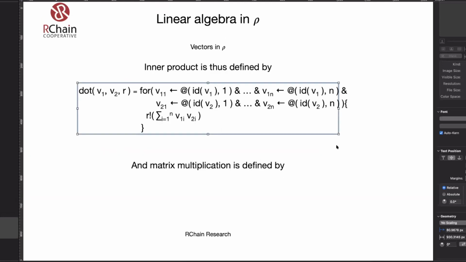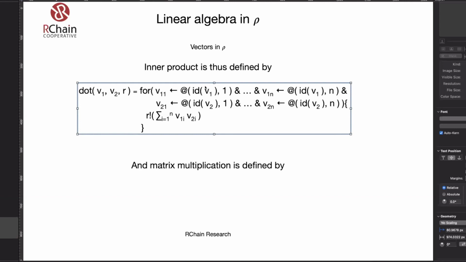To formalize this, to investigate this a little bit more, we can see that if I want to define the inner product of two vectors, then I just use the accessors, right? So I'm assuming that I have an operation ID for vect, which will give me back the salt, and that's relatively straightforward to define. I leave that as an exercise.